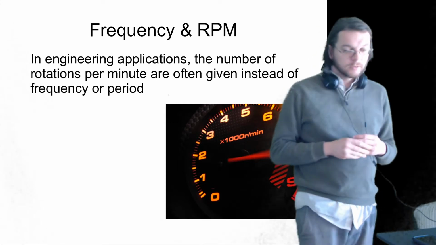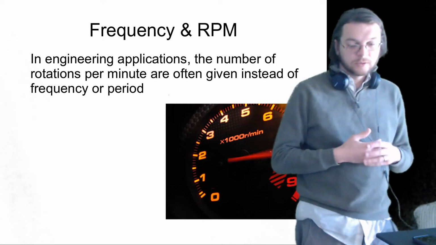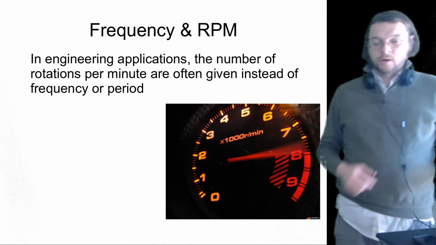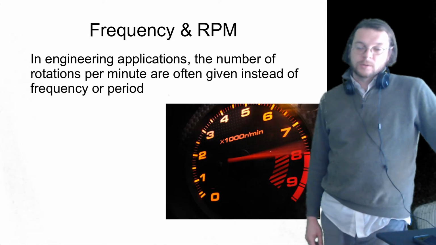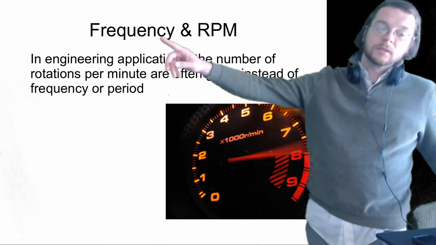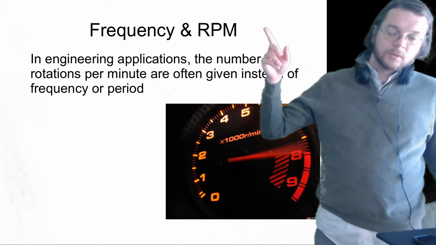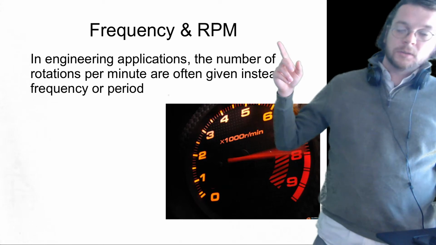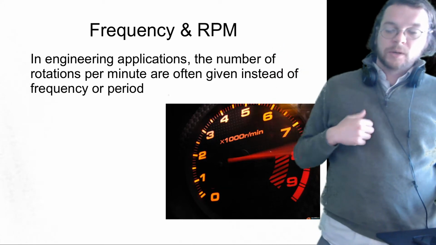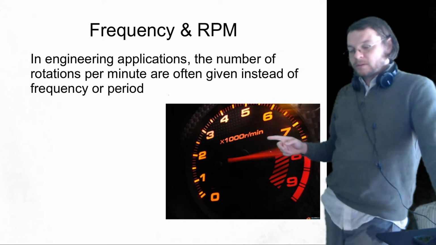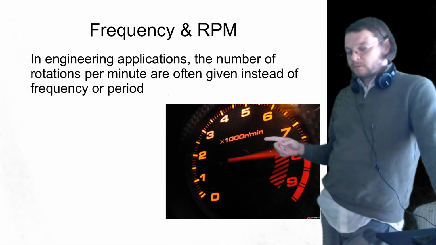Now, in other applications, talking about engines or motors or things like that, we're often going to talk about rotations per minute. Whereas frequency is cycles per second, sometimes people will talk more about rotations per minute. I forget what this is called on a car, whether it's an odometer, tachometer, or whatever it is.